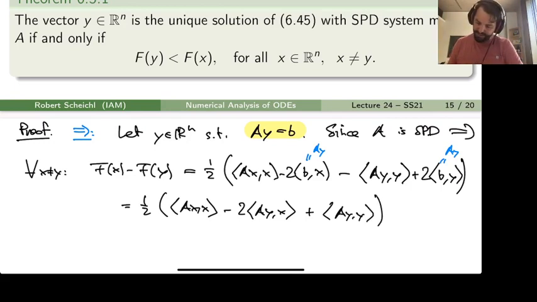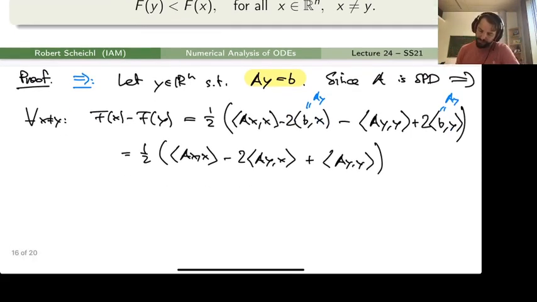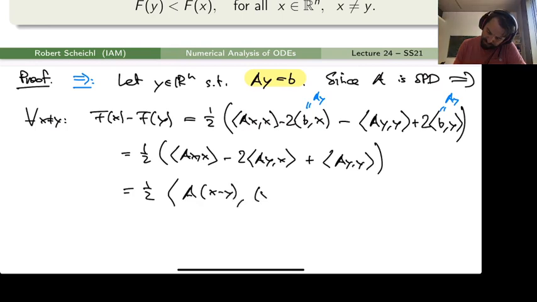Now I can pull this all together by linearity, and this is simply a half inner product A of x minus y with x minus y. And because this is an SPD matrix, we know that if x is not equal to y, then this is strictly bigger than 0.